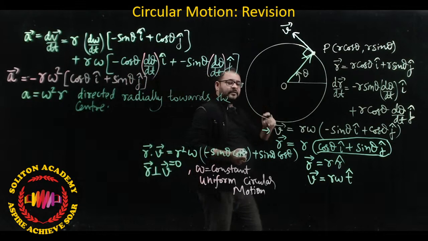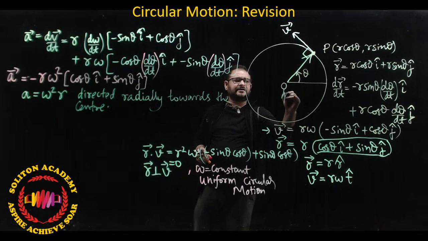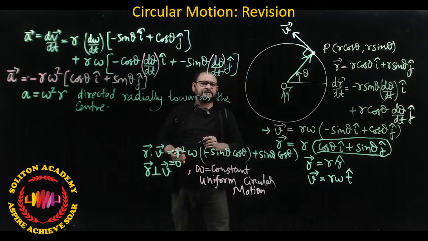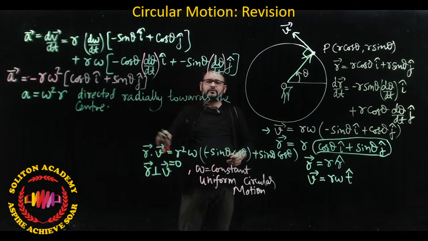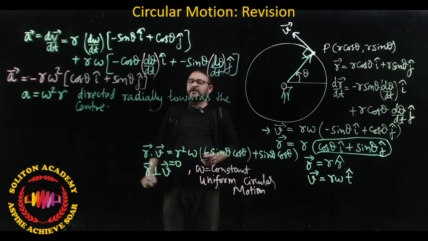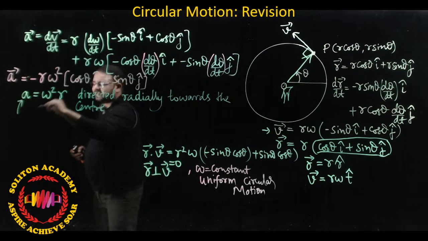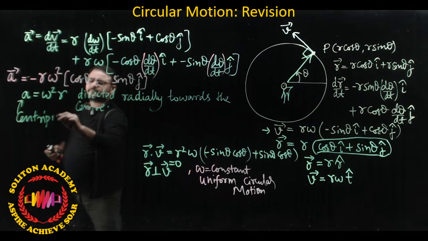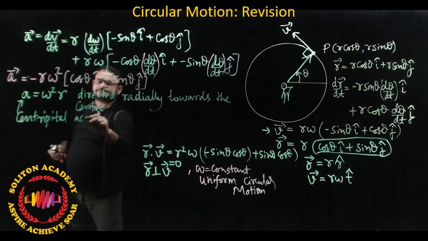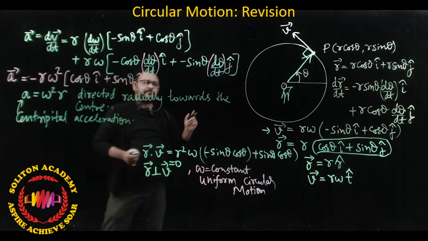Okay, now this is really important point. You can imagine you have a friend sitting at the center and he is the observer. For him, everything would look like that, right? And that means this is the centripetal acceleration. Centripetal. Now this is really important point.